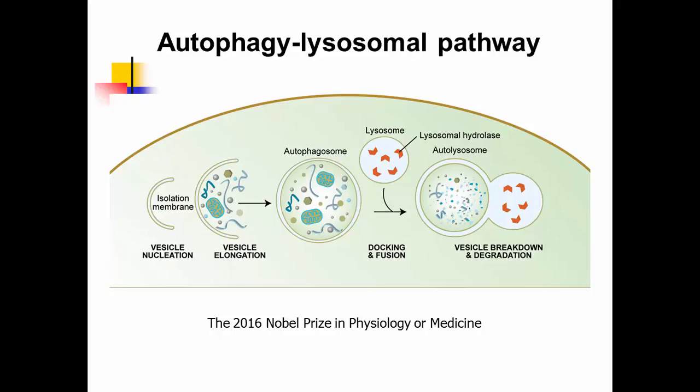And then forms the autophagosome. The autophagosome then fuses with the lysosome. And the lysosome, we know, has a lot of digestive enzymes. Eventually it forms the so-called autolysosome, and the digestive enzymes in the lysosome can degrade all the content in the autophagosome, right, the degraded protein.